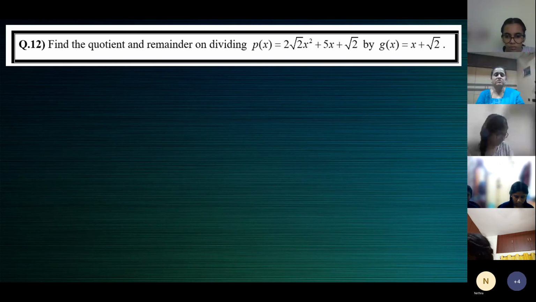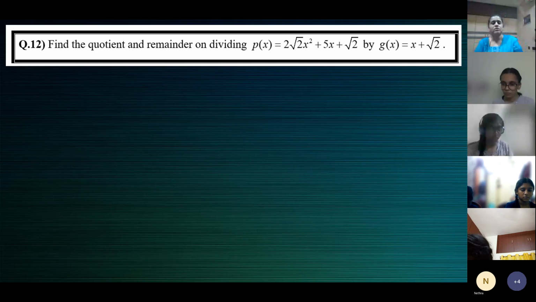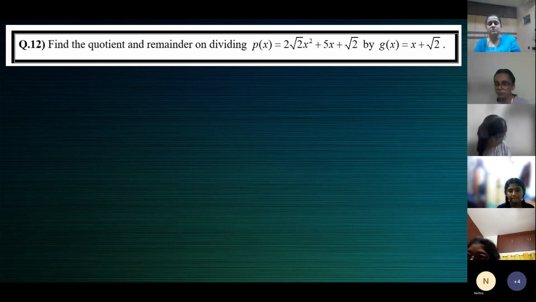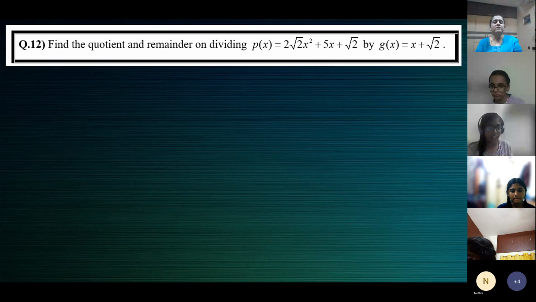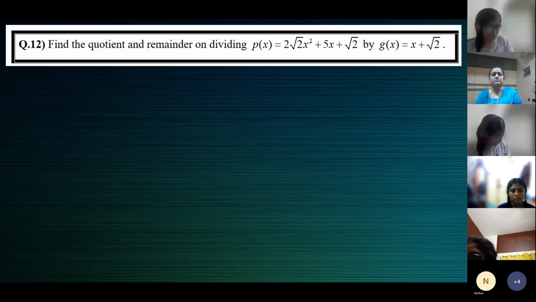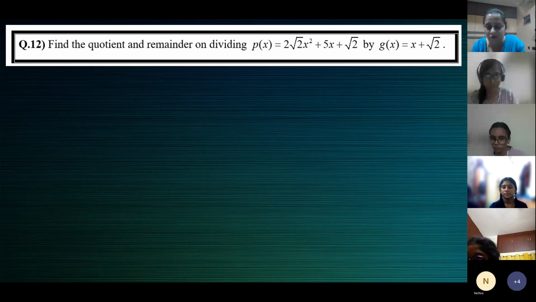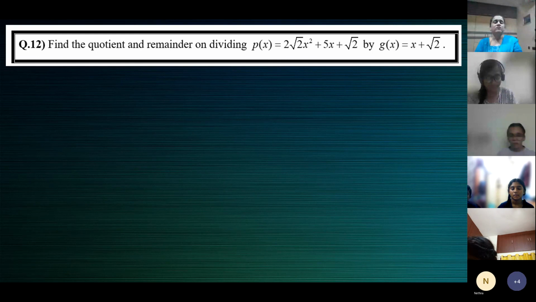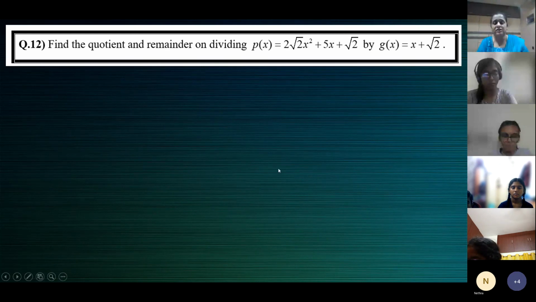Okay, so this is homework. Finish this by tomorrow. Sorry, ma'am. Maybe you saw the question number and not the question. Find the quotient and remainder. You should use long division. We'll see the answer tomorrow.